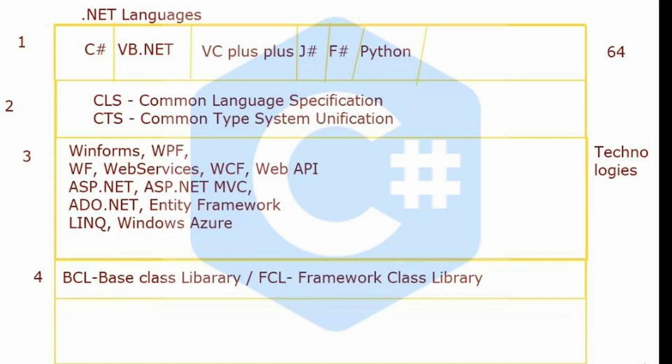Using these libraries reduces our programming effort. You need not code everything; many things are already programmed and kept as libraries. Using them, instead of writing 100 lines, our code reduces to 40-50 lines only. Many libraries are there in .NET.